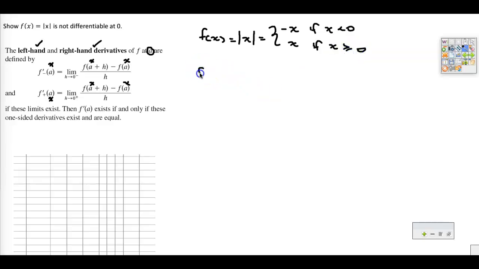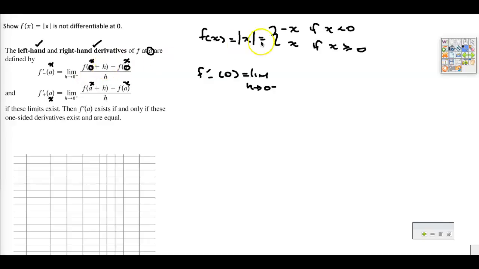And so if I'm taking a look at f prime from the left at 0, then this is going to be the limit as h approaches 0 from the left, and here we're putting 0, here we're putting 0.